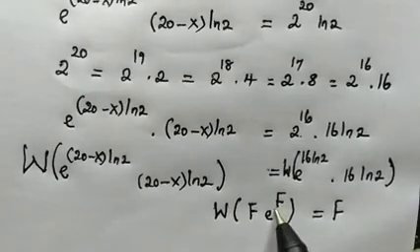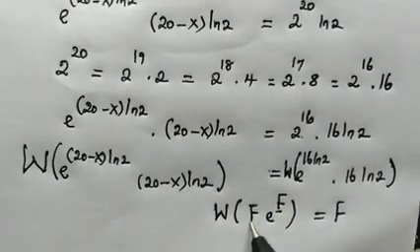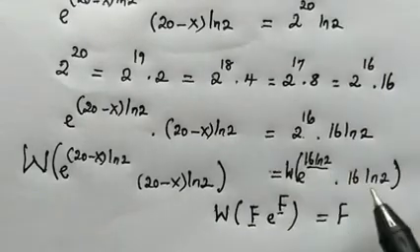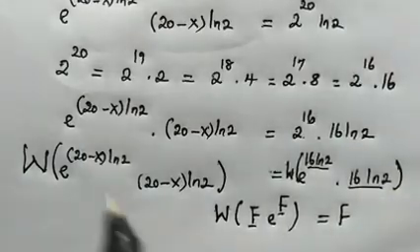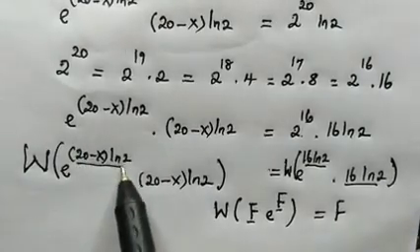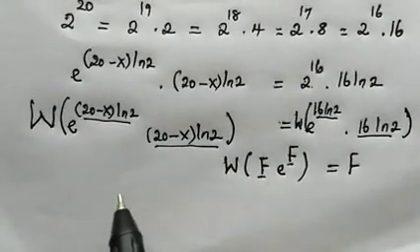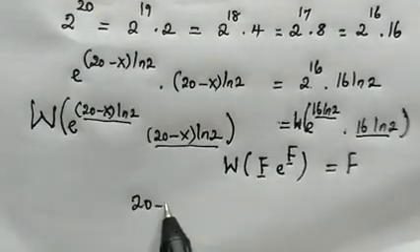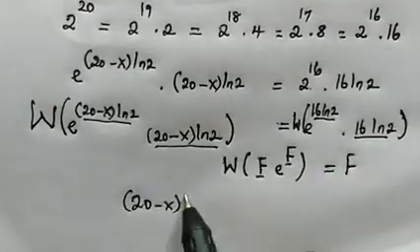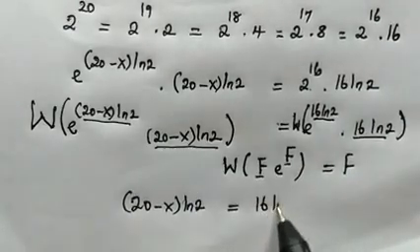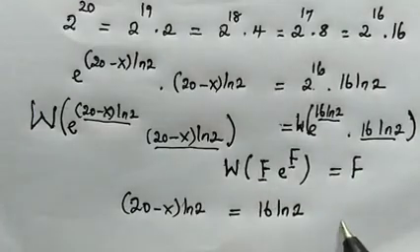You can see that this f here as the power of e is equal with this f here. So if you look at this here, the power of e here is equal with this expression here. And from the left hand side, the power of e here is equal with this expression. So therefore, the Lambert W function at the left hand side simplifies to 20 minus x times the ln of 2. And from the right hand side simplifies to 16 times the ln of 2.